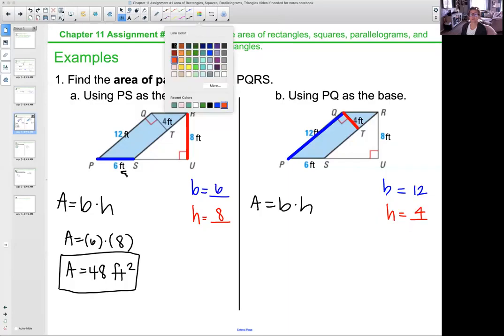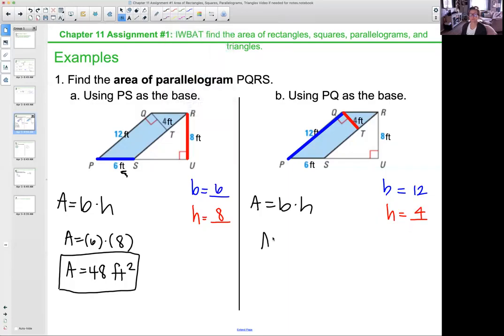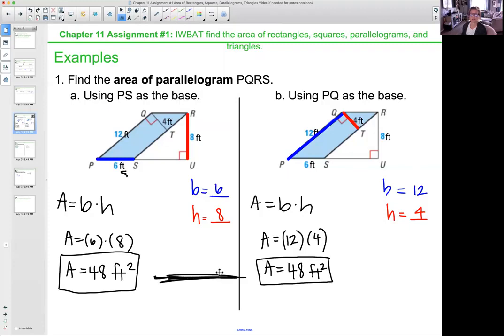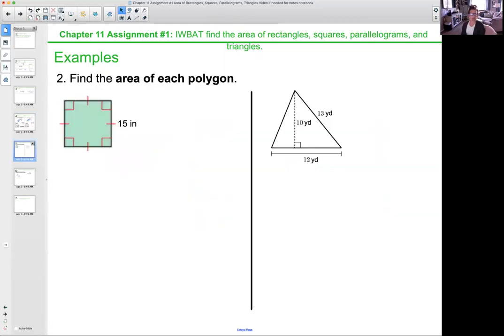Plug them into the formula. So base is 12, height is 4. When we multiply those two numbers, we again get 48, adding in the units, feet squared, and we get that final answer. So these two match like they're supposed to. Make sure whatever segment you use as the base, you find the perpendicular segment matching it for the height.